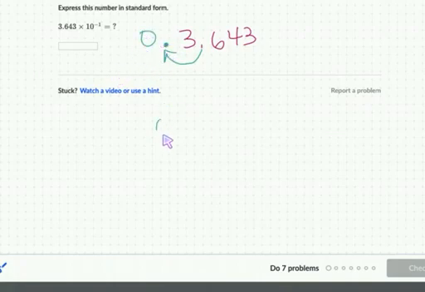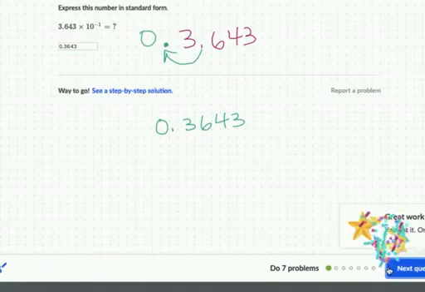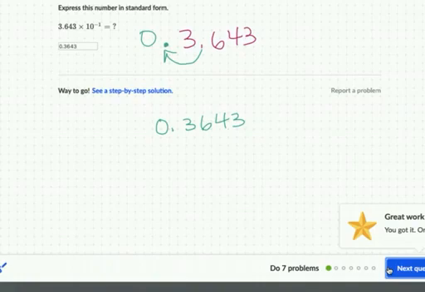So we have 0.3643 as our answer. So the power just tells us how many places to go and in what direction. We were going to the left because it's becoming a smaller number, and we only went 1 decimal place.